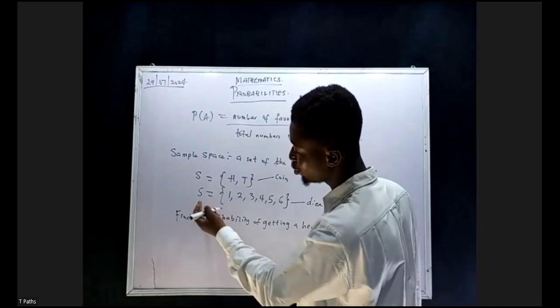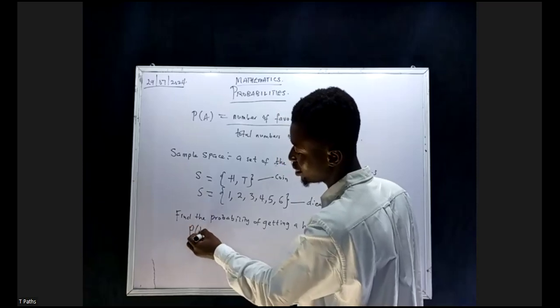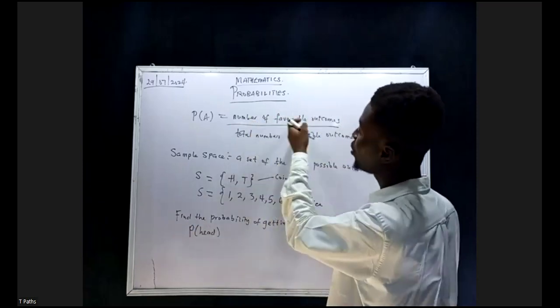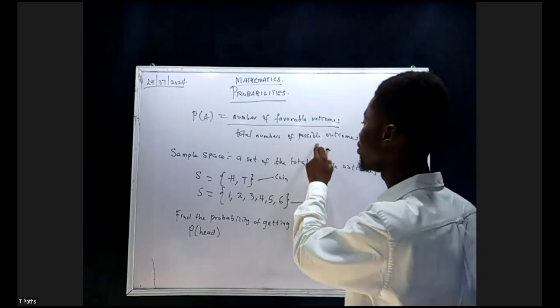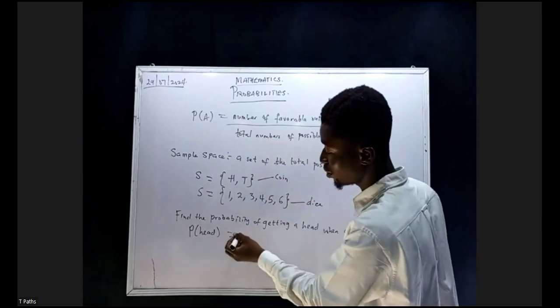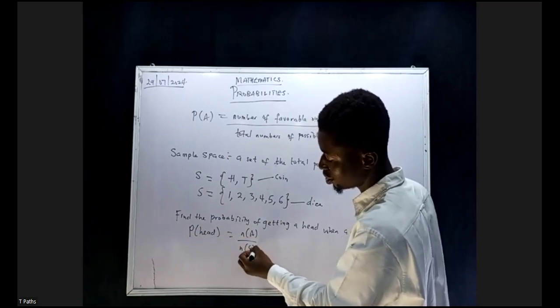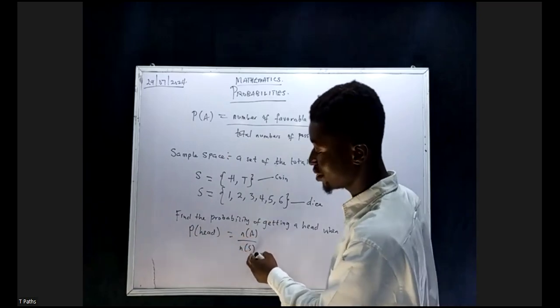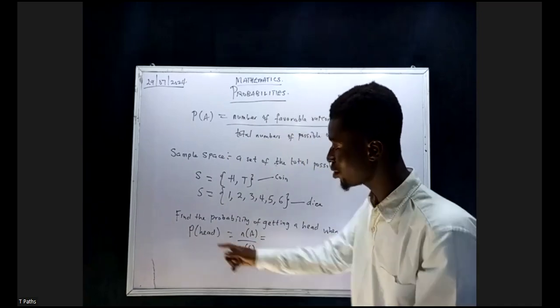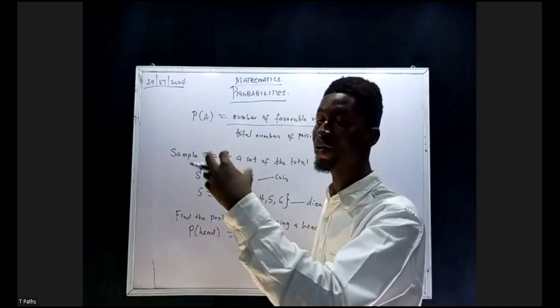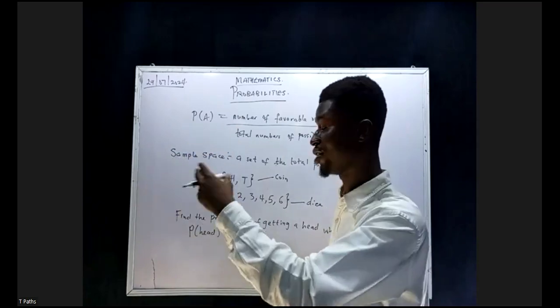Now, I've told you the probability is simply this formula: the number of favorable outcomes over the total number of possible outcomes, the number of times you get your A over your sample space. Do you get it now? If I toss a coin, I either have a head or a tail.